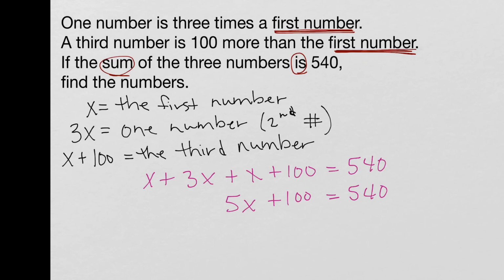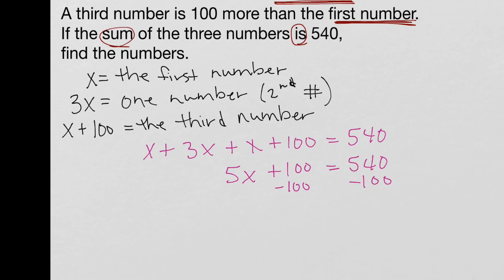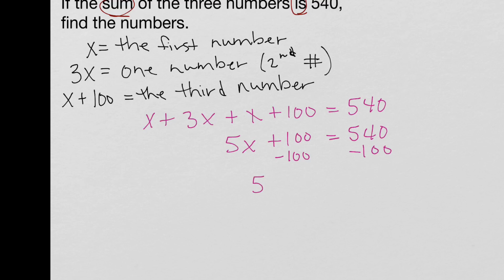Then we'll subtract that 100 over. So we get 5x is equal to 440. Divide both sides by 5.